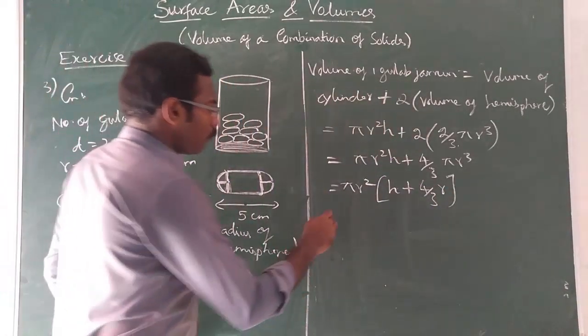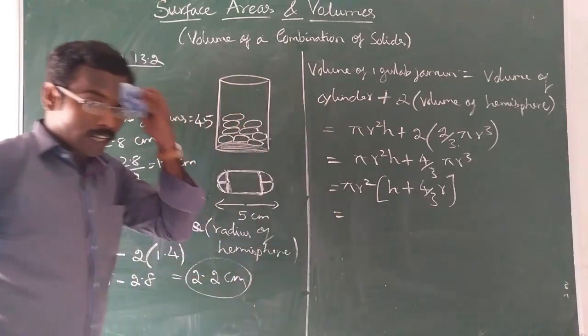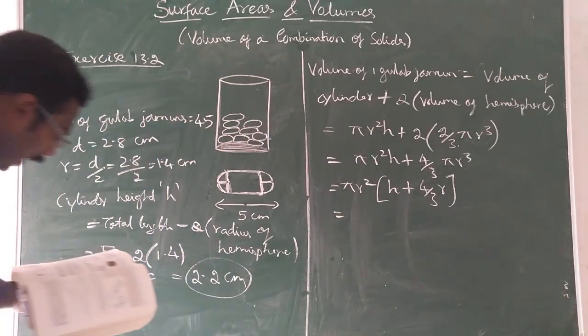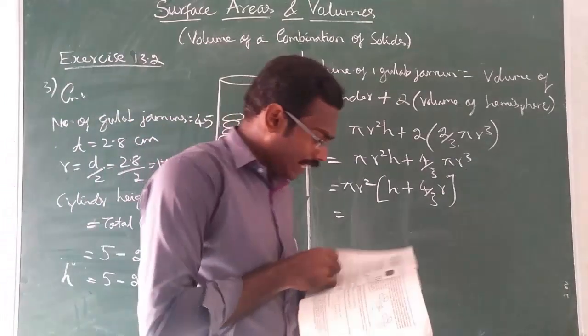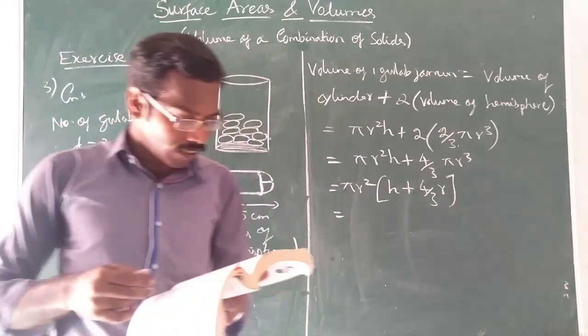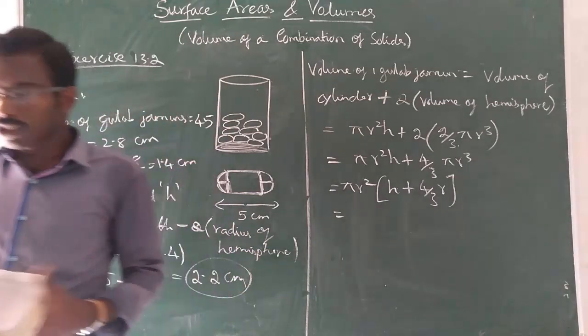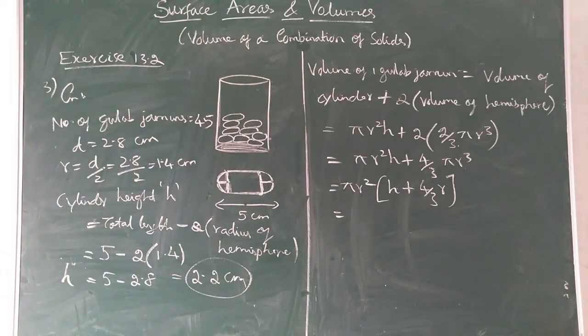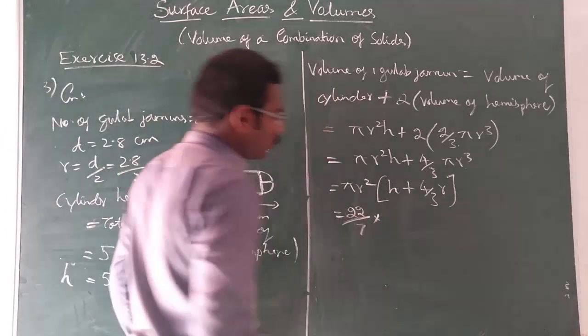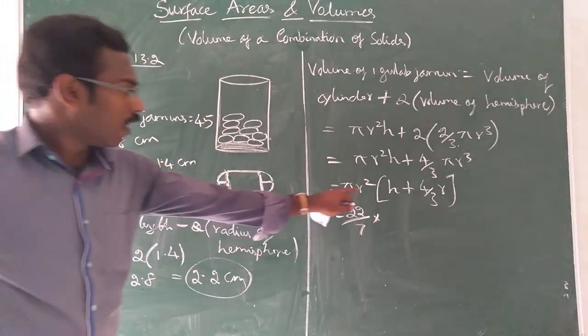Okay, so now apply the formula. You can take the pi value as 22 by 7. In the question, in the beginning itself it is given, unless stated otherwise, take pi equal to 22 by 7. So let us apply: 22 by 7 into r square.